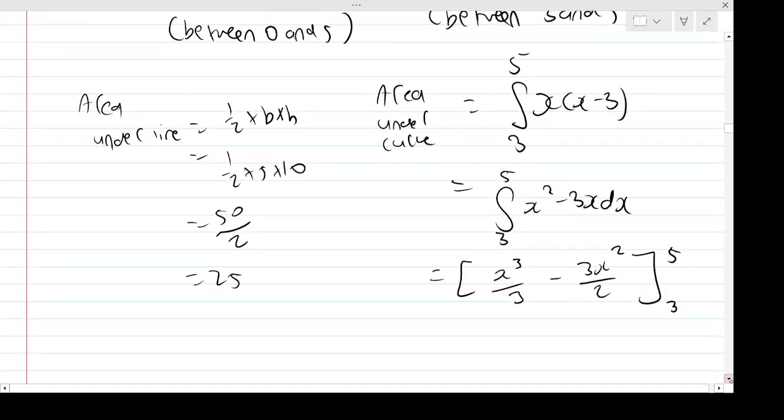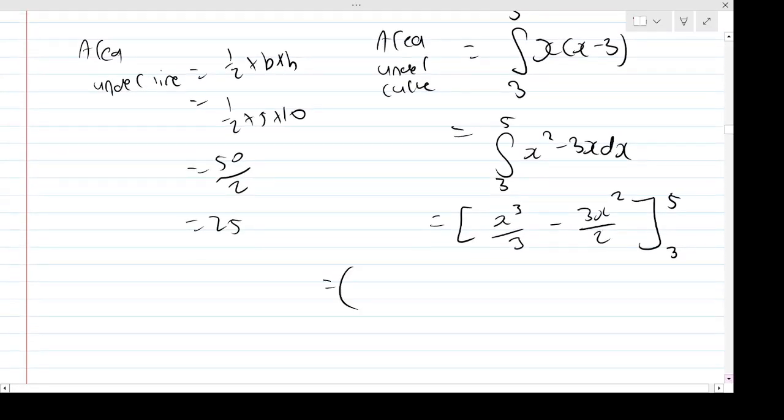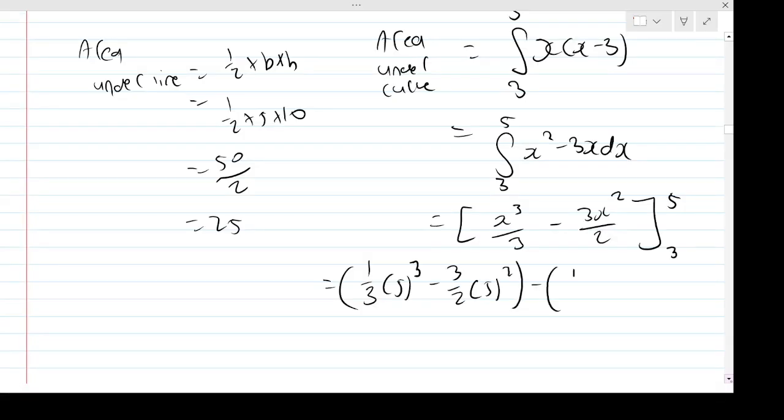And so at that point we just sub in our limits. That would be a third of 5 cubed, take away 3 over 2 of 5 squared, take away a third of 3 cubed, sorry, take away 3 over 2 of 3 squared.